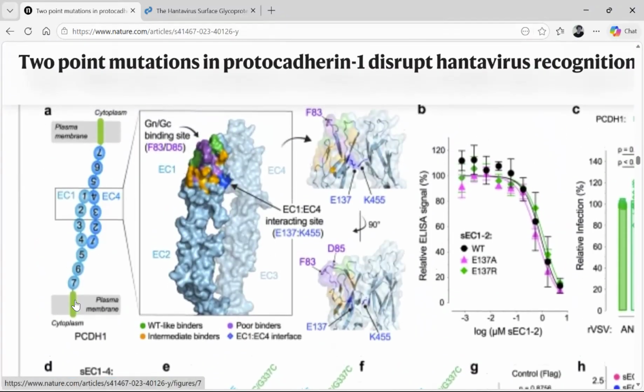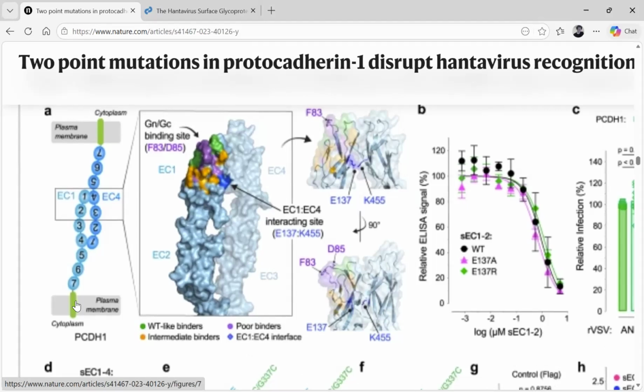All right. Like I said, these protocadherins can be used to help to attach cells to each other. So you could have one protocadherin attached to another, and you have two cells attaching. So this is the cell membrane. This is inside the cell right here. This is the extracellular matrix. They're binding the C1 and the C4.